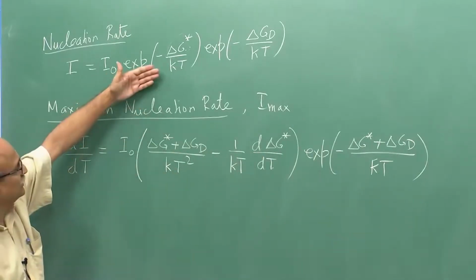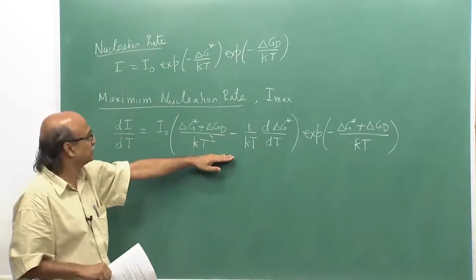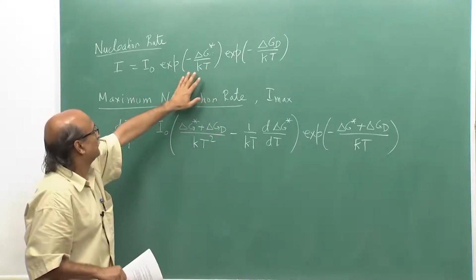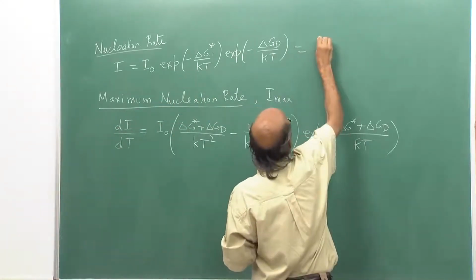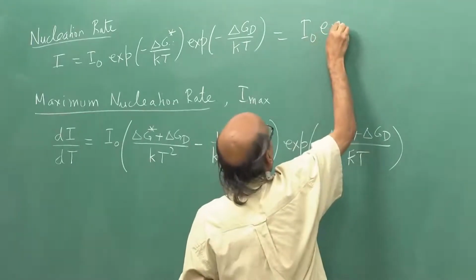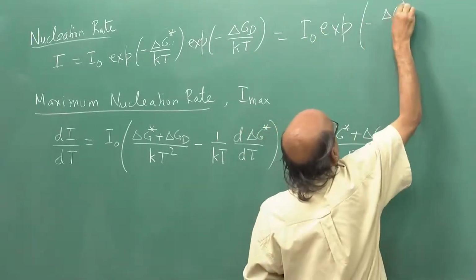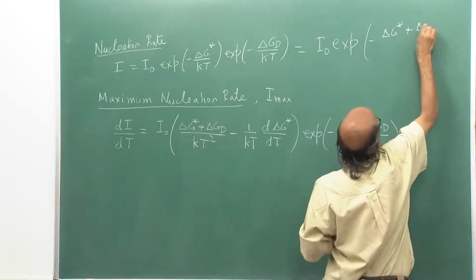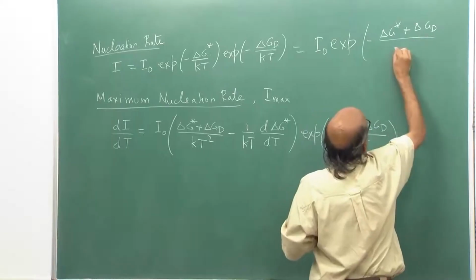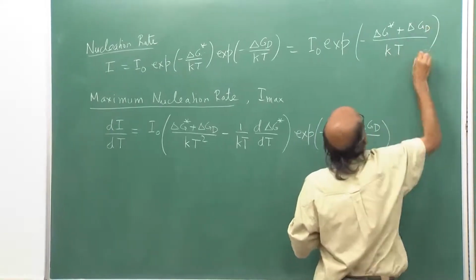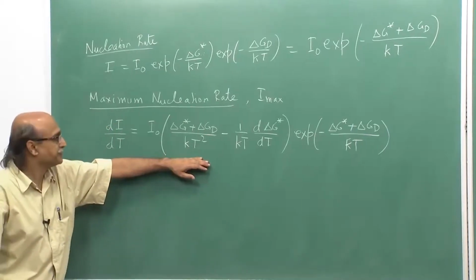I think you could see that easily from here we can reach this step. Just to make things easy, you can start with this expression I naught exponential minus, put both the delta G star and the delta GD term in the same exponential. So, start from here and you will easily reach this step.